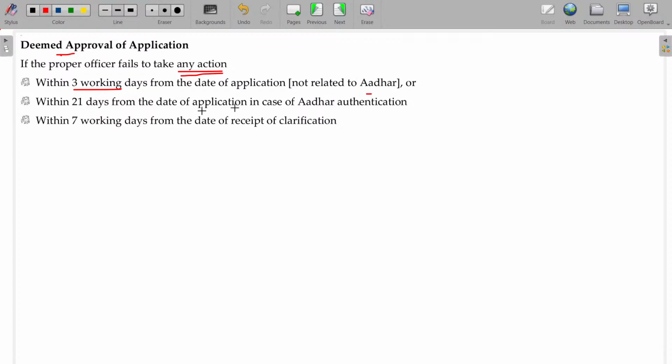In case of Aadhaar related, 21 working days. And if there is any rejection, you can give the clarification. From the date of clarification, within 7 days, you need to get either approved or rejected. Otherwise, automatically your registration is confirmed. This is called deemed registration, to speed up the process.